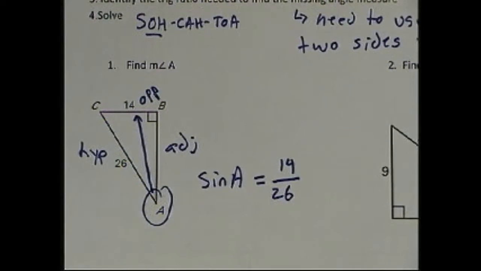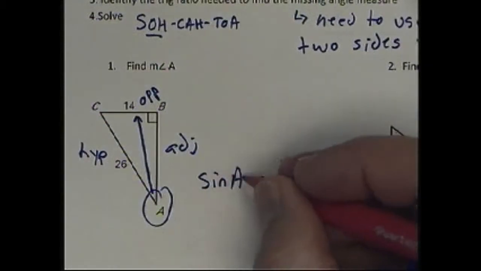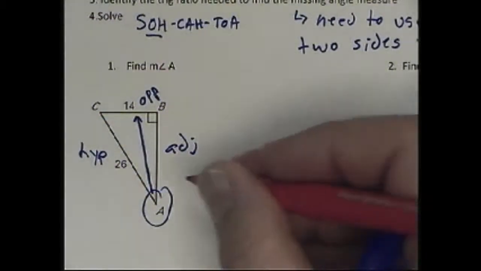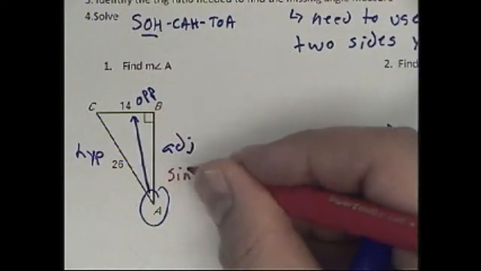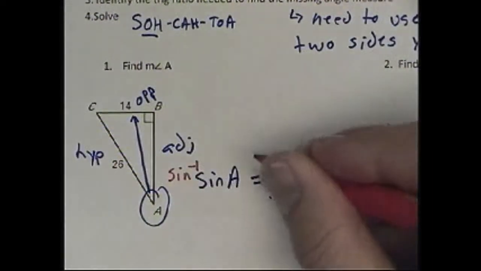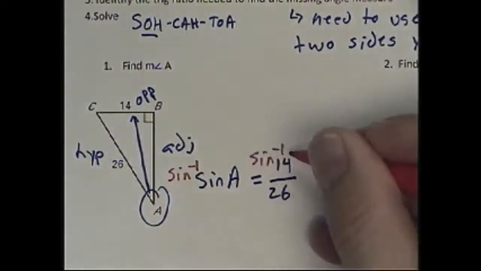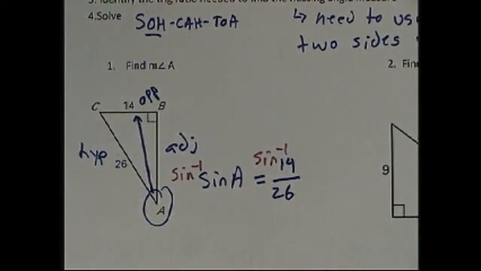In order to get rid of this sine, in order to undo what the sine is doing to this A, we are going to take the sine inverse of both sides. On your calculator, you are going to push second and then the sine button.